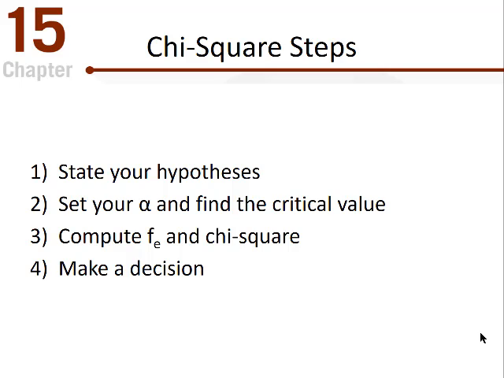Then we set our alpha and we find our critical value reading it from the table. For that we need the degree of freedom. Then we compute the expected frequency, and with that we can solve for our chi-square value. If our chi-square is greater than the critical value, we reject the null hypothesis. If it is smaller, we fail to reject the null hypothesis.